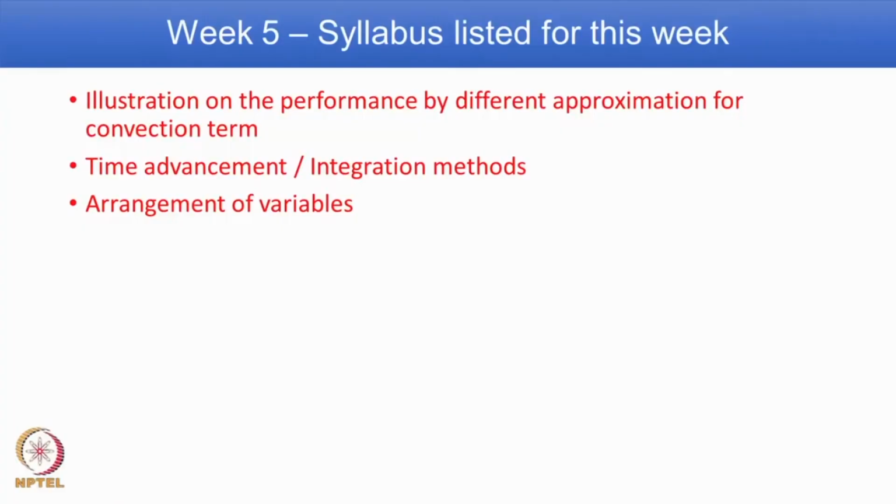Greetings, and it's my pleasure to welcome you all again to this course. We have seen so far illustration on the performance by different approximation methods used for convection term, time advancement or integration methods available, arrangement of variables, need for pressure velocity coupling, 4 methods we said we will take to explain.